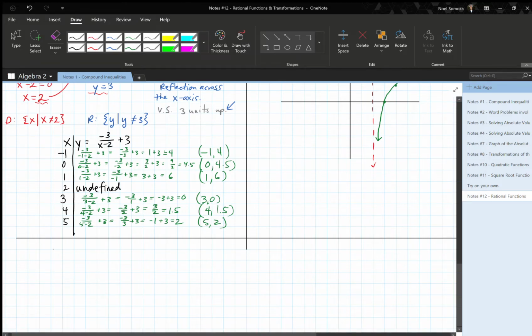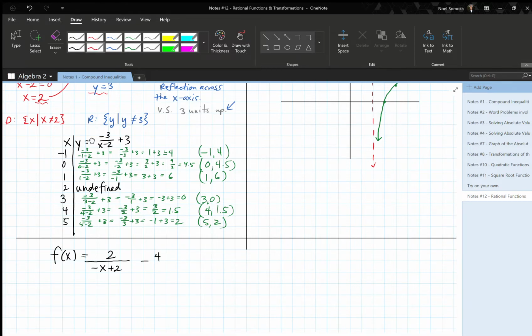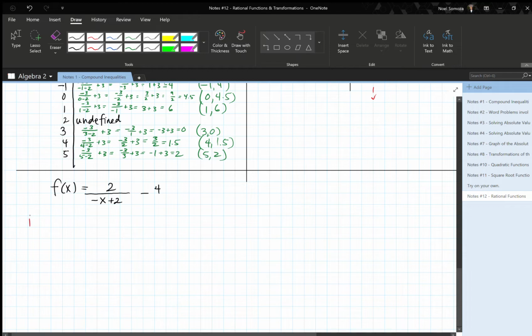Okay, so go ahead and try this one. f of x is equal to 2 all over negative x plus 2, and then minus 4. I would like for you to first describe the transformations.